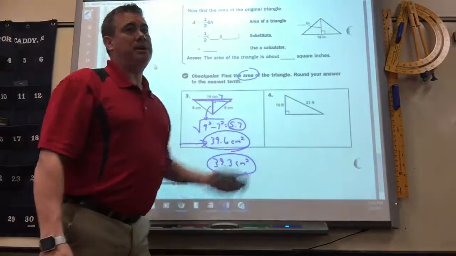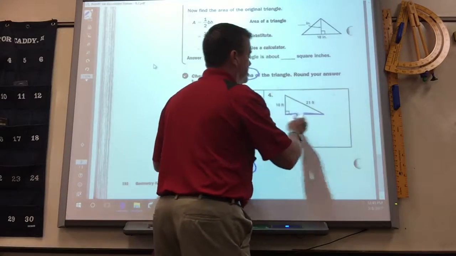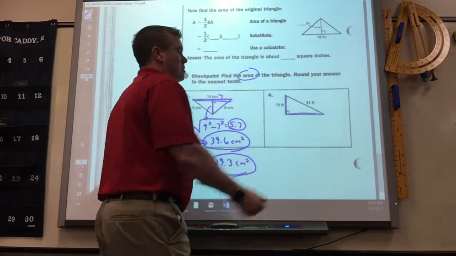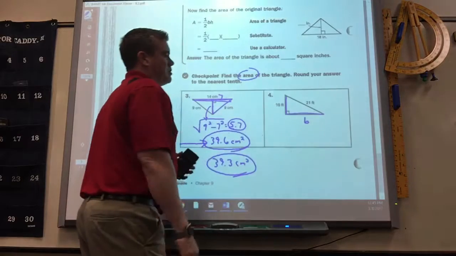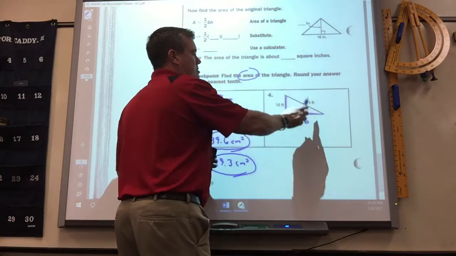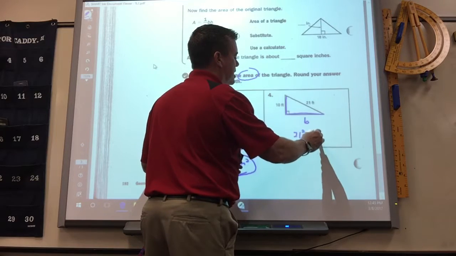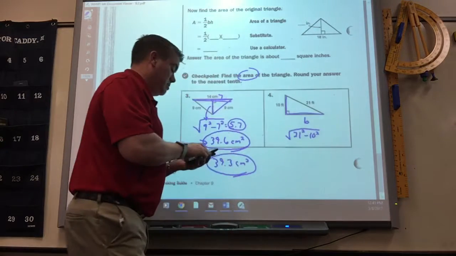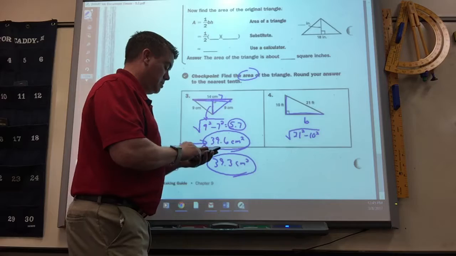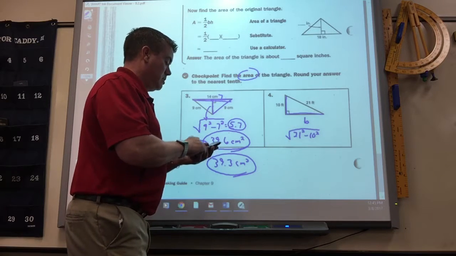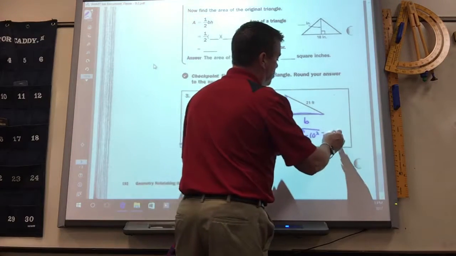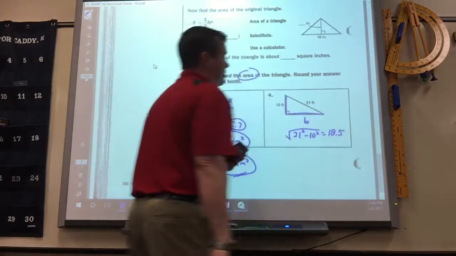Okay, so the same thing here, we got to take the base times the height divided by 2. But I got to find the base first. So again, since it's a leg you're looking for, you got to go 21 squared minus 10 squared, square rooted. And it would round to 18.5.